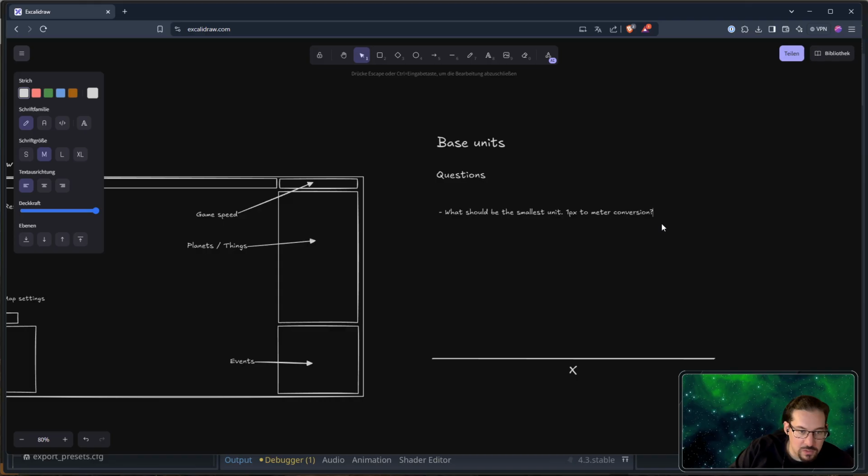What should be the smallest unit? 1 pixel, 2 meters per second. No, wait. We have to think about what's the smallest unit that can be traversed.